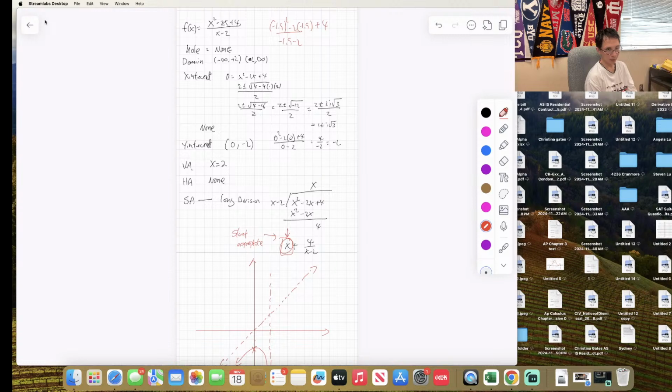Wait, hold on a second. I did negative or positive. Oh, I don't want to do -1.9, sorry. I want to do 1.9 here. And that is going to be positive. So this part is going to be positive this way, and this part is going to be this way. So that's the graph. I can plug in the value to try it. If you don't believe me, plug in, I don't know, 1.9.